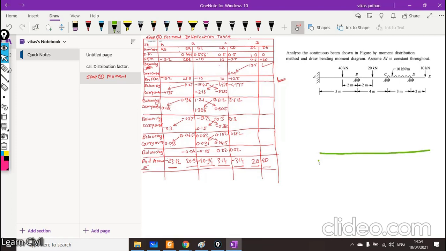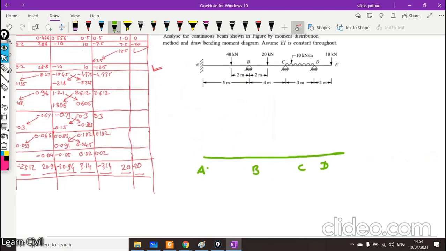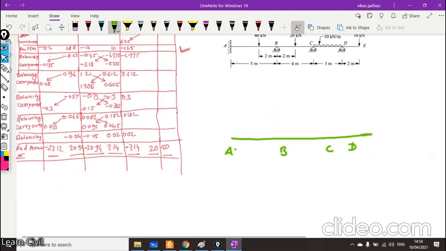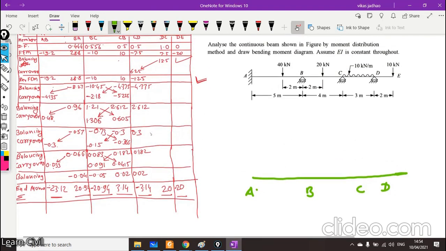We are having A, B, C, D, and finally we are having E. This will be the free bending moment value for AB. The bending moment diagram will be something like this, and the value will be WAB upon L.